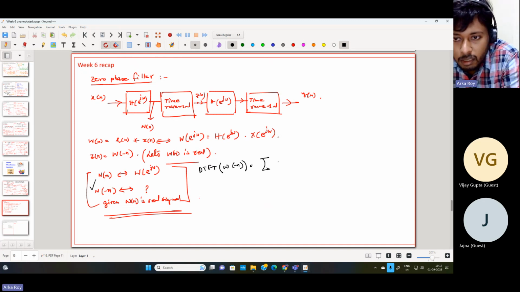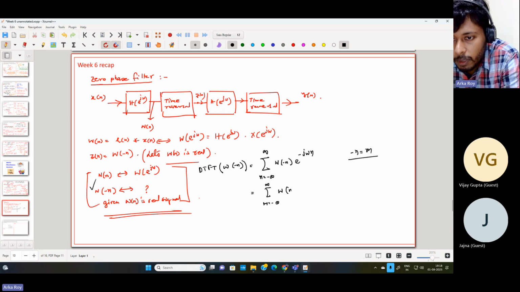By the definition, it will be the sum of w of minus n, then e power minus j omega n, where n is running from minus infinity to infinity. So I can change the indices or variables, so it will be m equals minus infinity to infinity, and then w of m followed by e to the power j omega m.